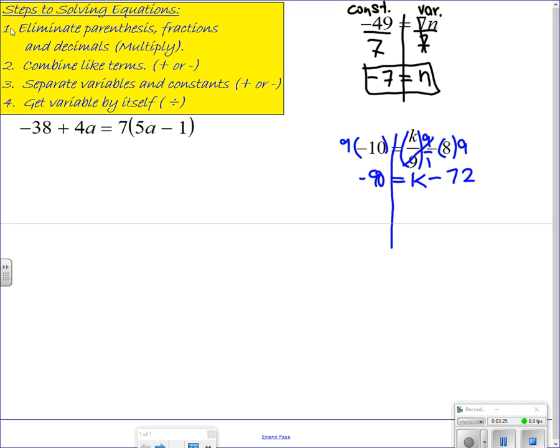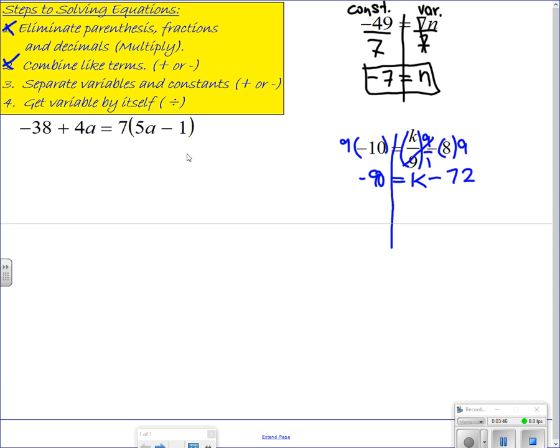So I got rid of fractions, number 2. Step number 2 is combine like terms. The left side is only one term, nothing to combine. The right hand side there's two terms, but they're different, nothing to combine. So I'm done with step number 2.